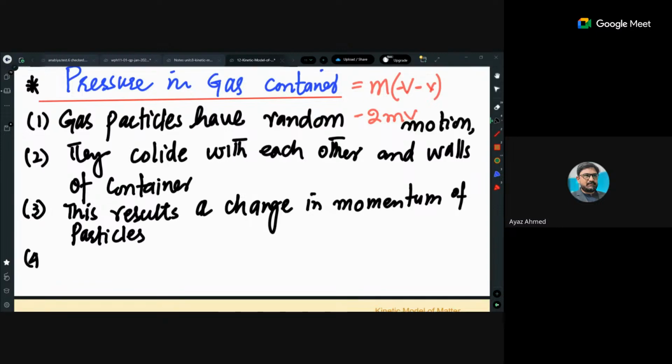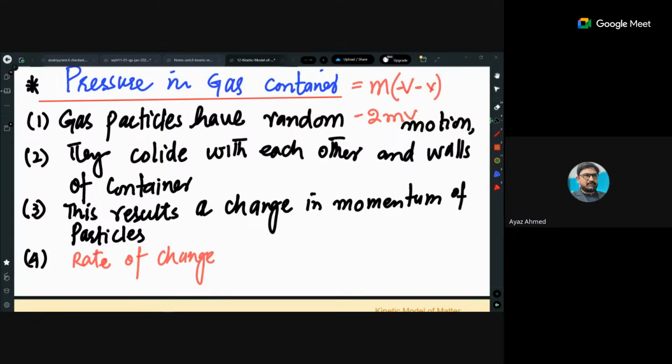Fourth point, rate of change of momentum equals force. Do you know this thing, that rate of change of momentum equals force? It is derived from the force formula. You were writing momentum is equal to delta p by t. Sorry, impulse equals delta p by t.